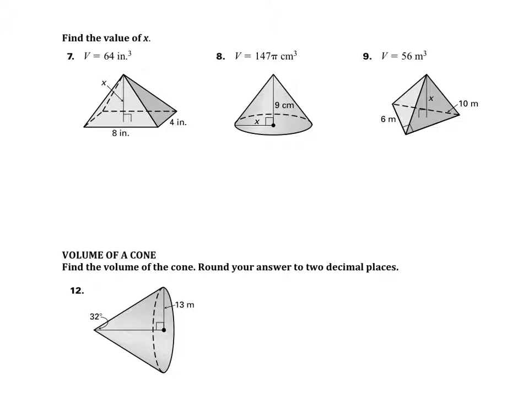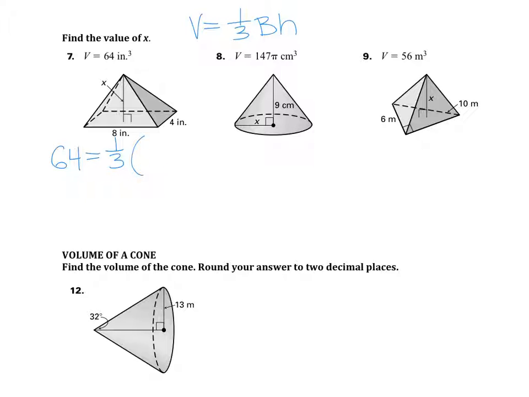Like before, we're going to find the value of x. We're going to find the missing measure depending on whatever it is. So we are given the volume. Again, volume is 1/3 area of the base times the height, depending on if it's a pyramid or a cone. So volume is 1/3.